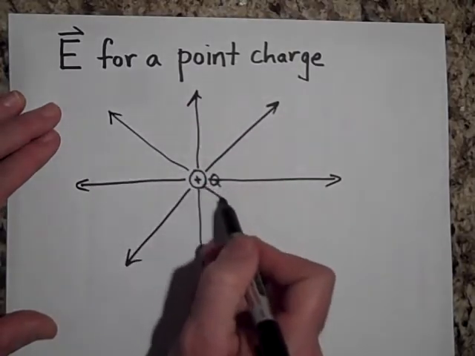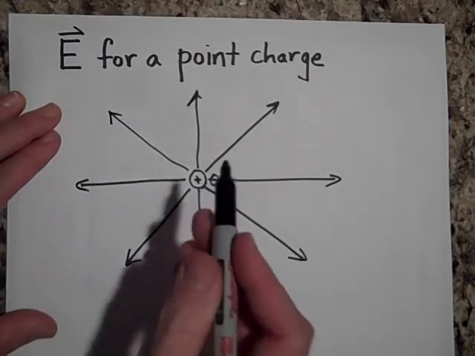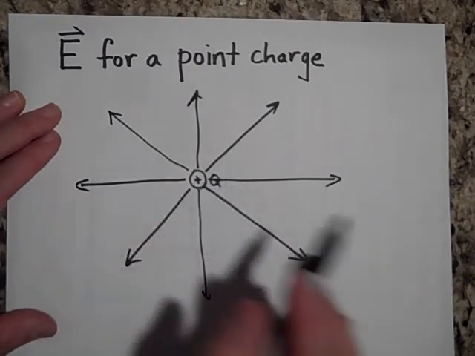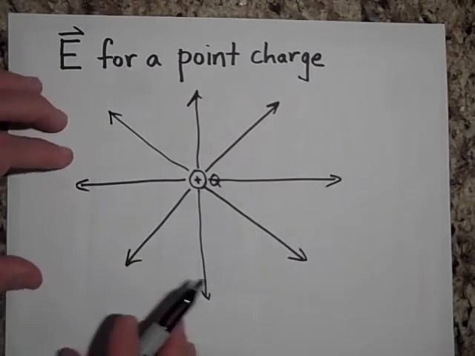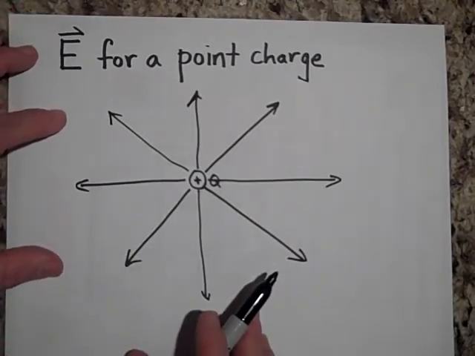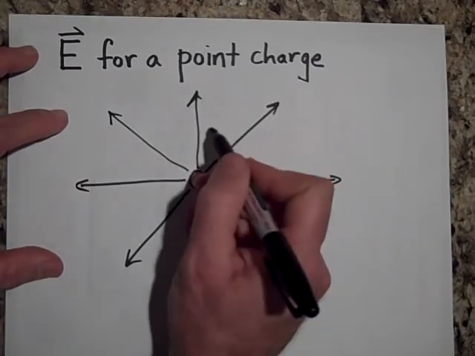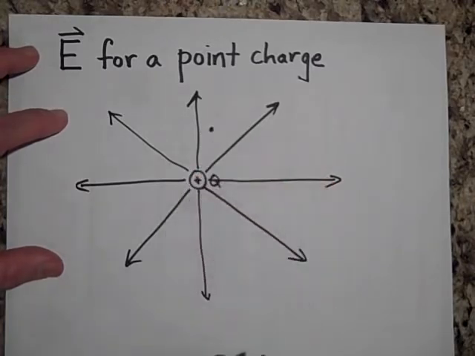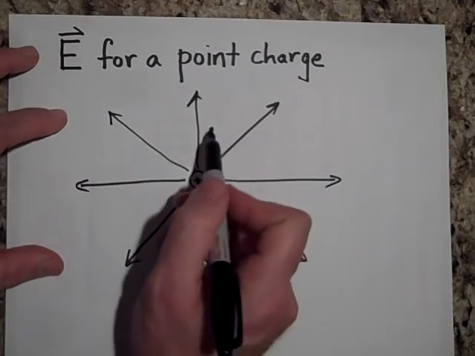I'm only drawing them in the plane of the paper, but one's coming out towards you, one's going out this way. They're going out in all directions. And if I want to know the electric field, say here, what you do is you draw a Gaussian surface that passes through there.